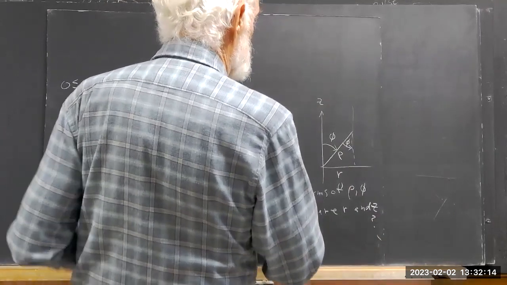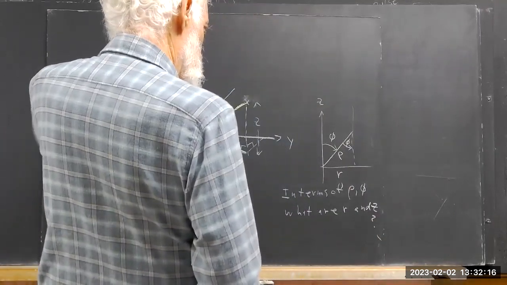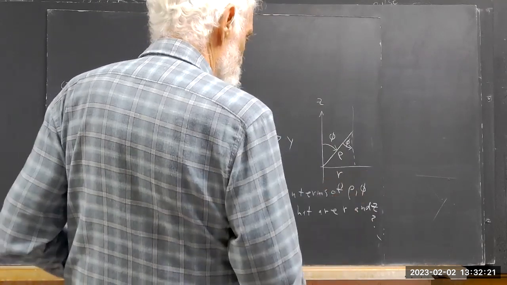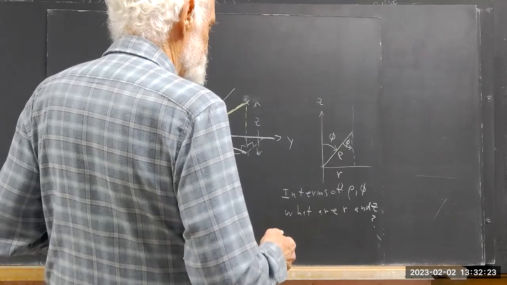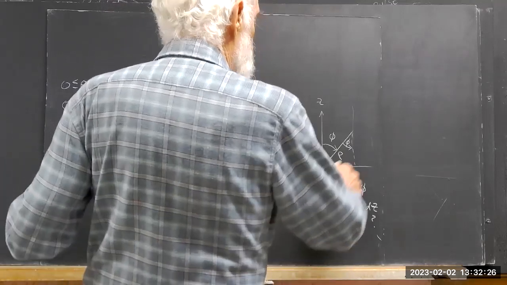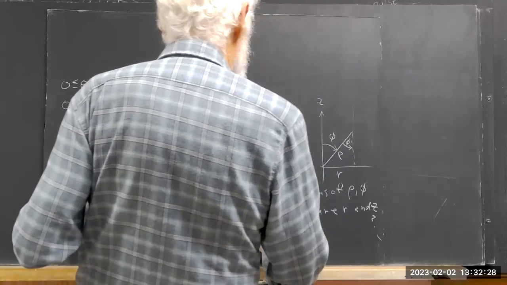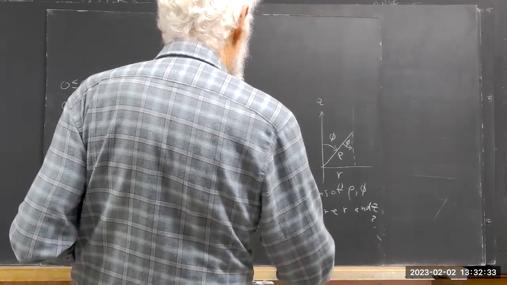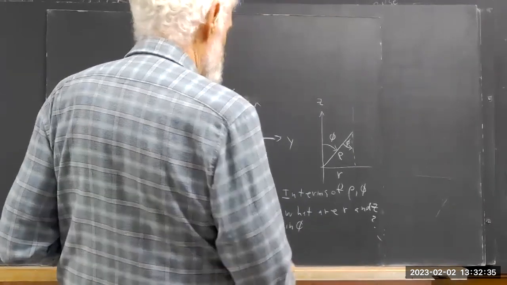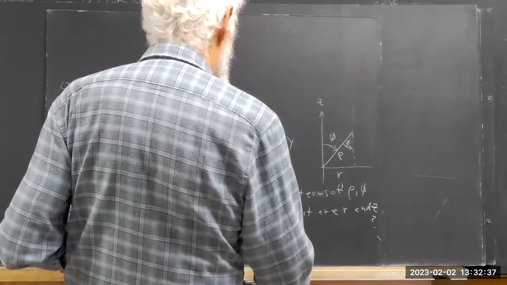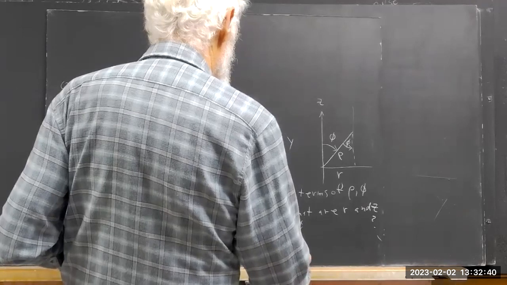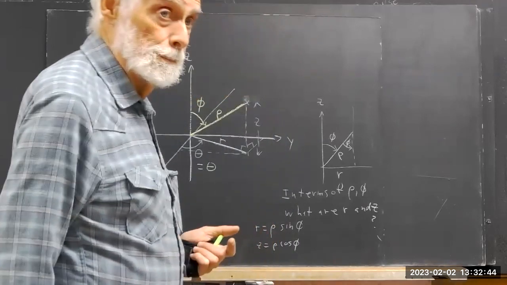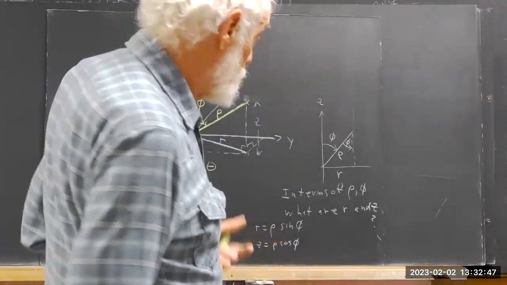Okay, so anyhow, it tells you that then very clearly r equals rho sine phi. z equals rho cosine phi. Yeah, z is here.